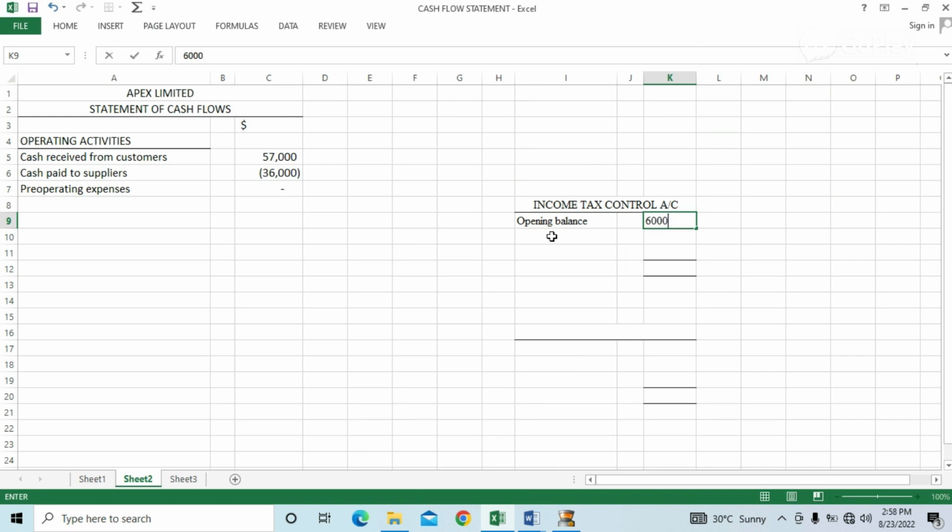Then during the year, which is in the income statement, the income tax expense was also 6,000. So I'll add my 6,000 to it.